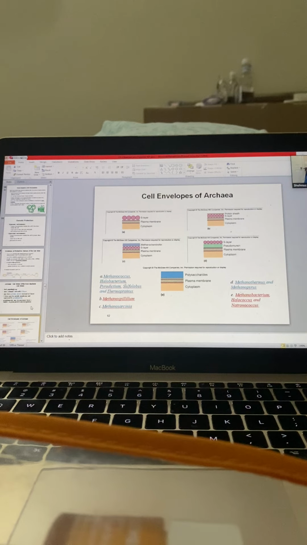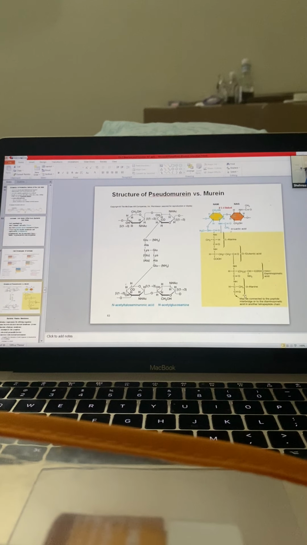So as such, archaea have a lot of differences in their cell wall compositions. And here is the structure of pseudomurein. This is the one we showed you as the structure of regular murein, beta-1,4 linked NAM and NAG, the disaccharide. And then we have the lactic acid component, which allows it to get the chain of peptides, alanine, and so on.